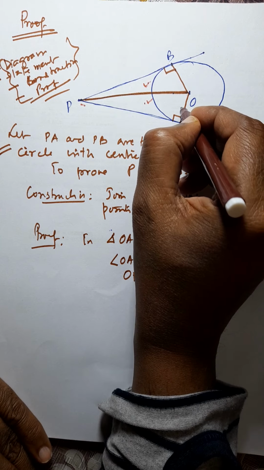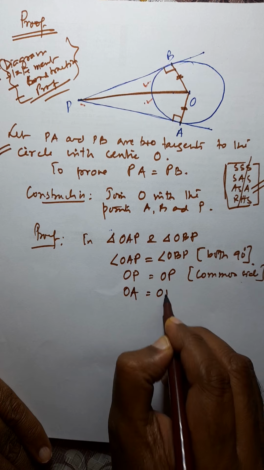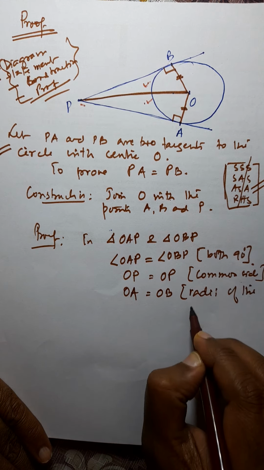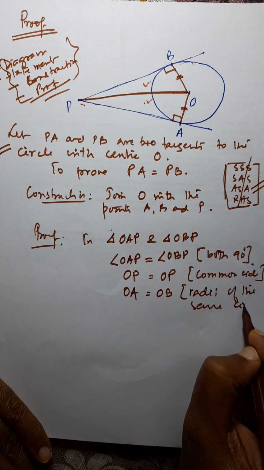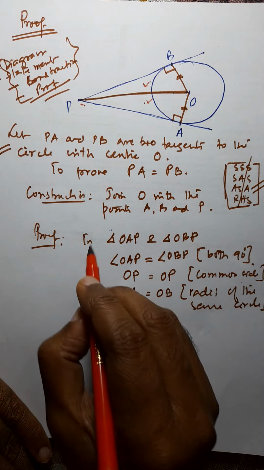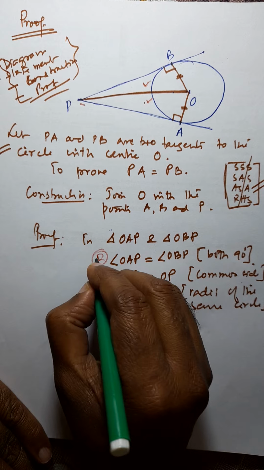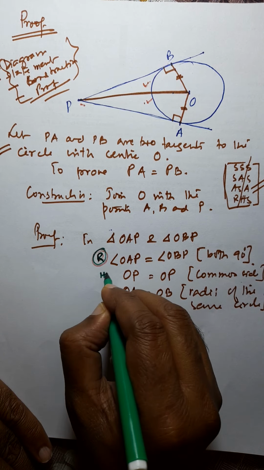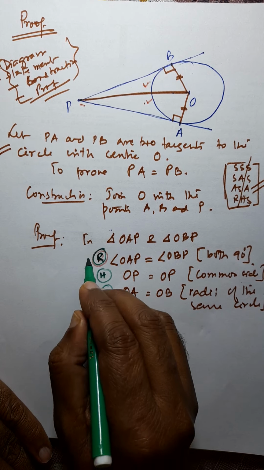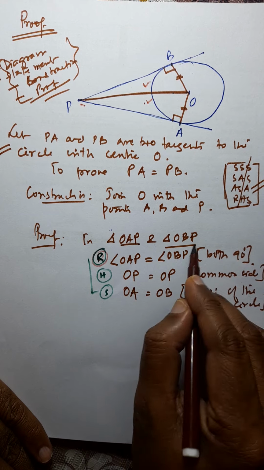And another thing is OA is equal to OB. Why? Radii of the same circle. Now see, this is a right angle, this is a right angle, this is the hypotenuse, the side opposite the right angle, and this is a side. So as per RHS, these two triangles are congruent.